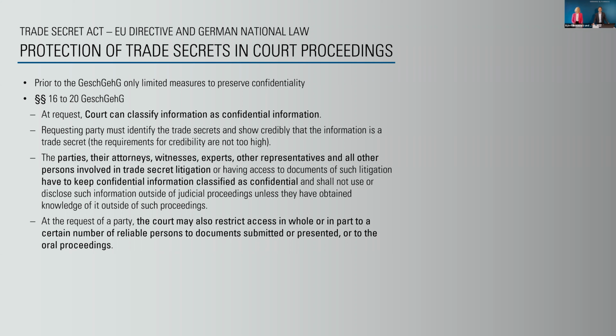Since all court proceedings are public, this was always a big problem, that confidential information may become public through this litigation. There are now some regulations which make it rather clear that this is not a problem anymore, because there is a clear guideline also for the judges on how to handle this.